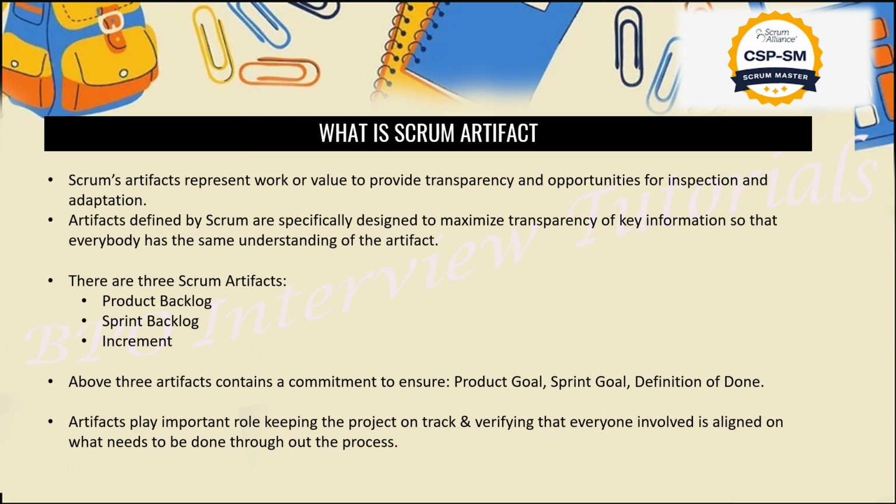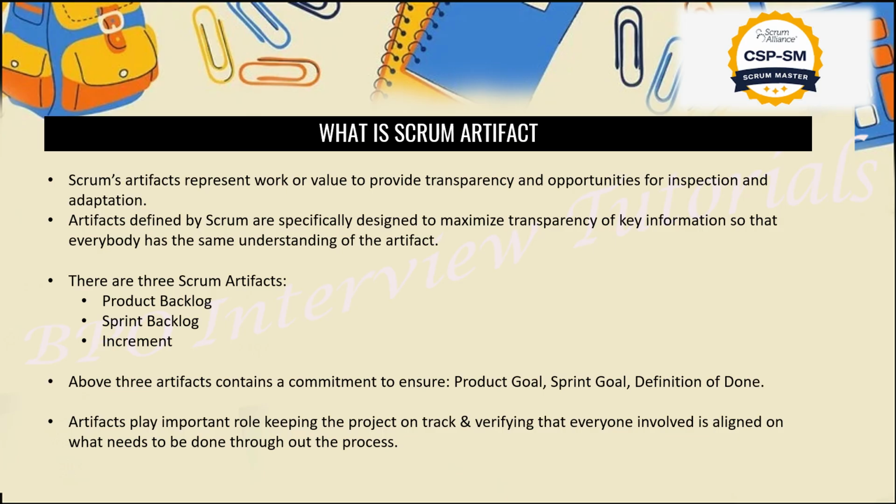Due to this we require the artifacts, and those artifacts should be transparent to all the relevant team who are working on that particular project. So Scrum Artifacts represent the work or the value that provides the transparency and opportunity for inspection and adaptation. We have seen the meaning of inspection and adaptation in our last videos. You can go back and check, guys. You will understand in detail.